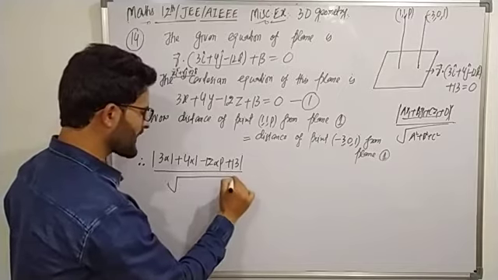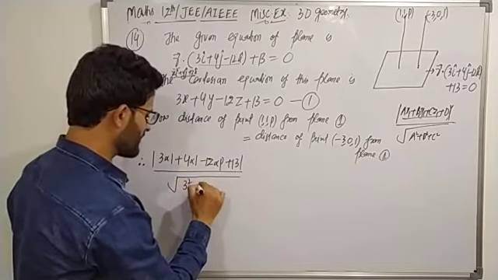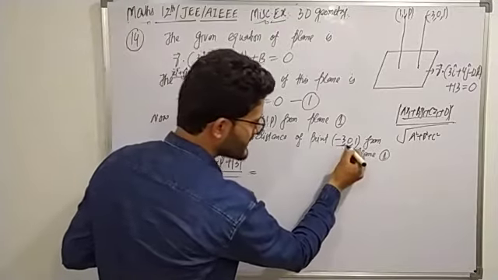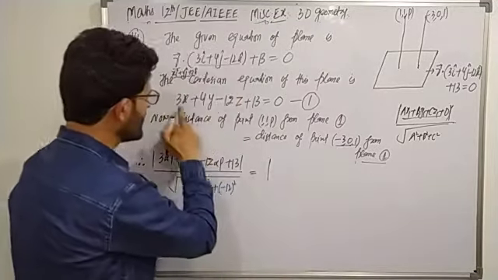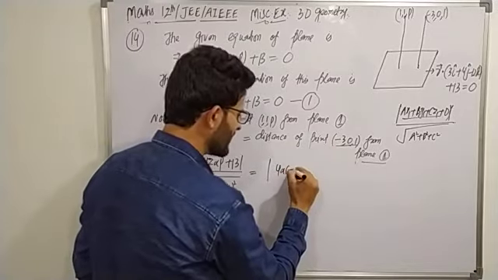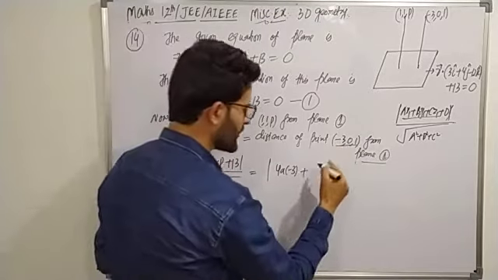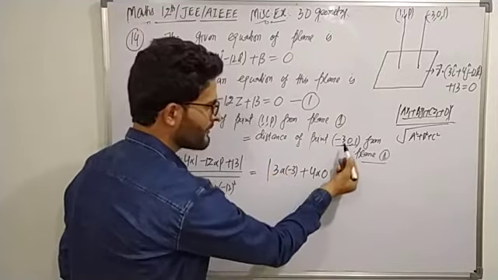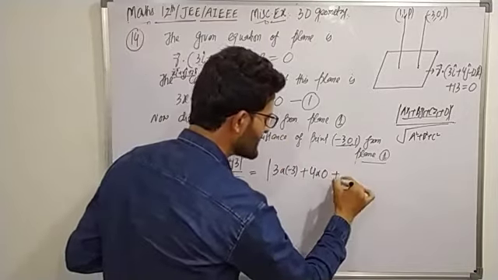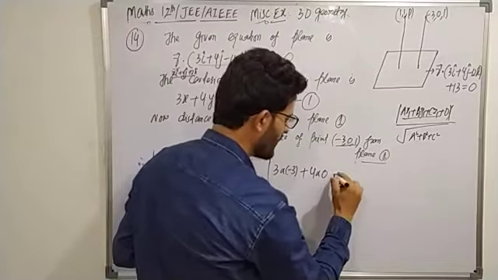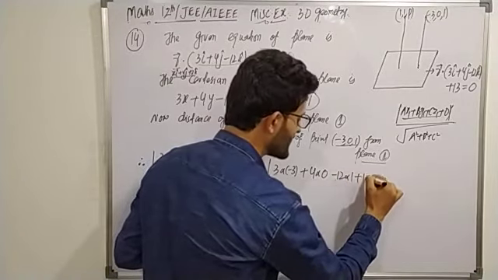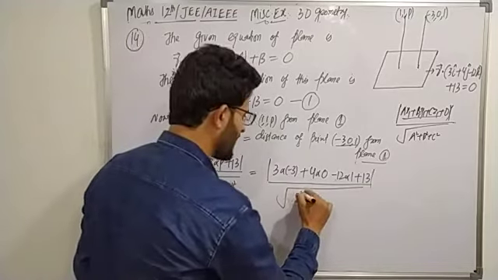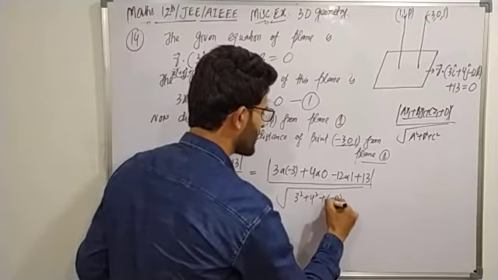by square root of a square plus b square plus c square that is 3 square plus 4 square plus -12 square and that must be equal to distance of (-3,0,1) from plane first that is again mod of ax1, that is 3 into -3, plus 4 into 0, plus -12 into 1, और plus d that is 13 divided by square root of a square plus b square plus c square that is again 3 square plus 4 square plus -12 square.